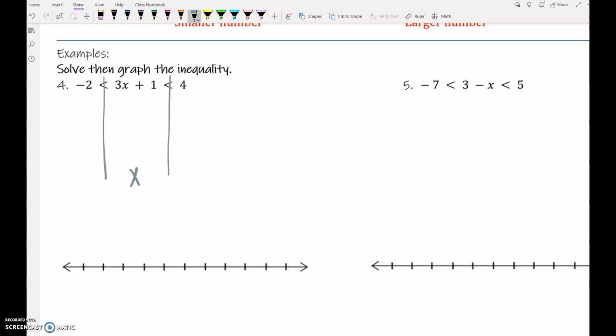Whatever you do in the middle to isolate the x, you must also do to the left column and to the right column. So what should we do first? Subtract 1. That gives us -3 is less than 3x is less than 3.